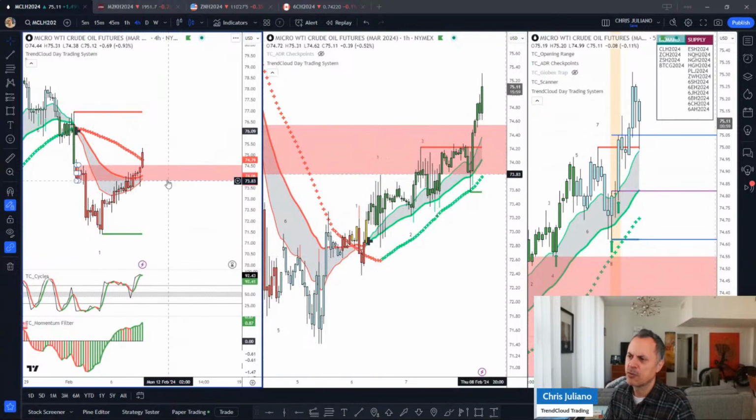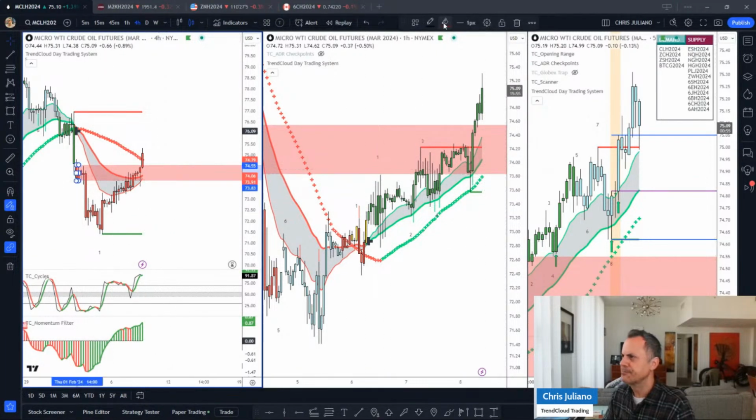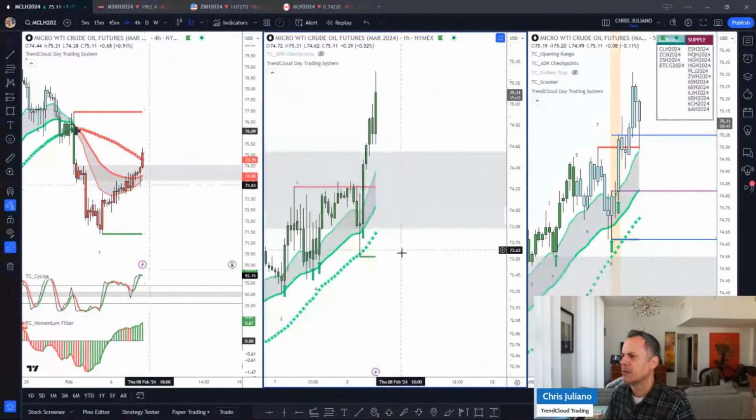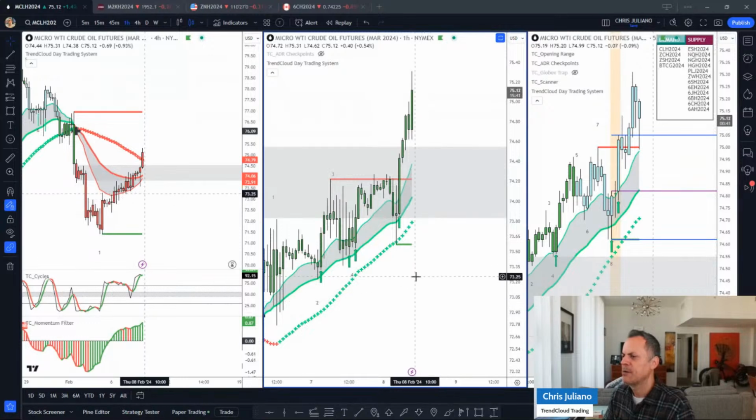All right, so we just broke through this demand zone. Turn that gray. We broke through that demand zone. Momentum has shifted. We're above the 50 on the 4-hour, 1 hour chart.